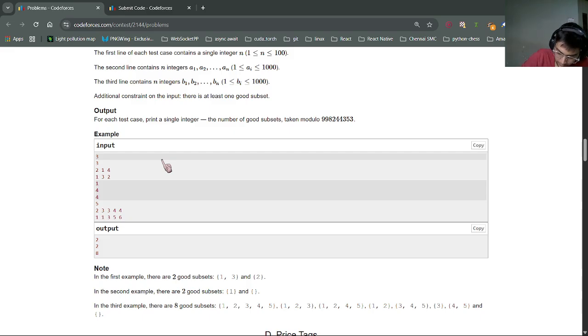We have 214, 132, keep this index, and into this index.